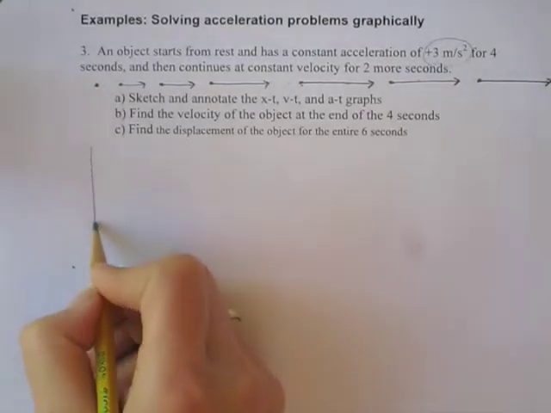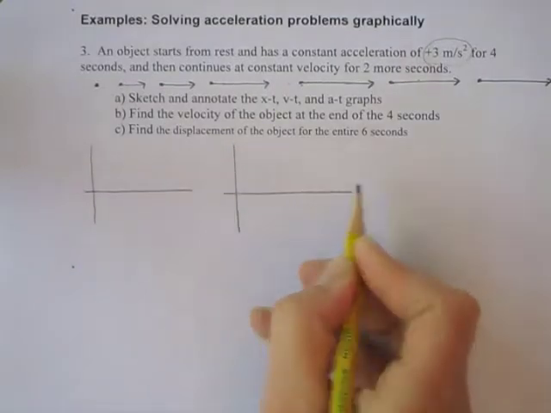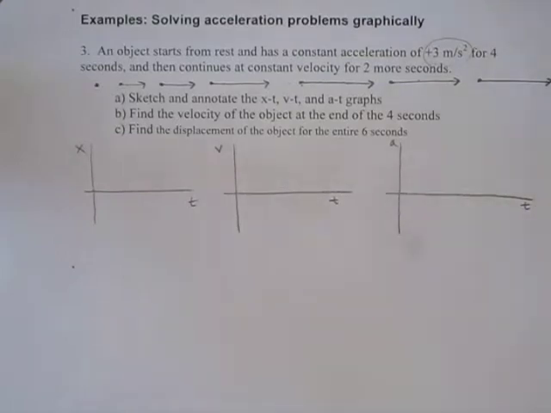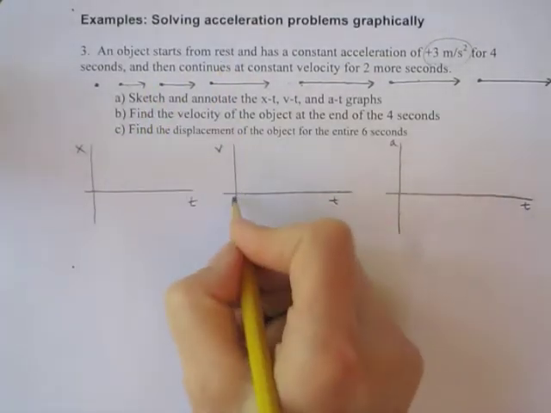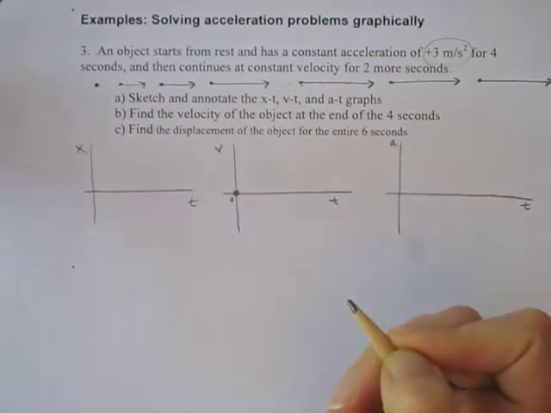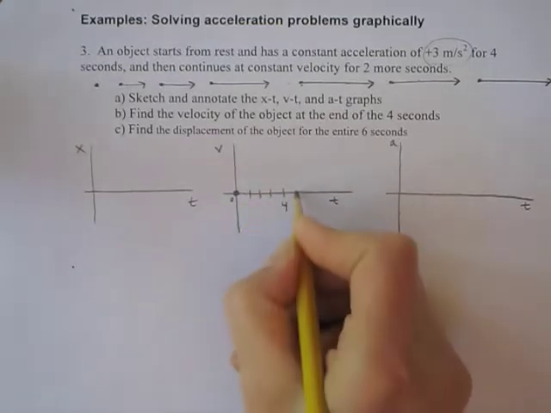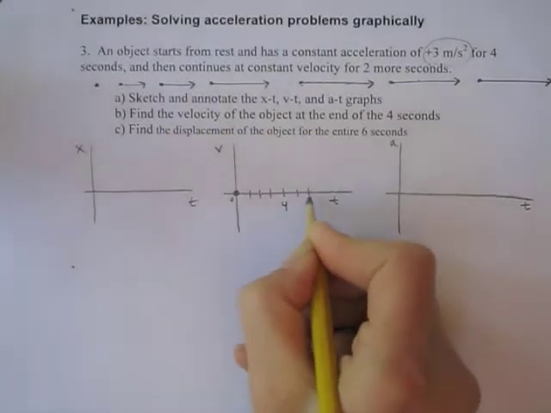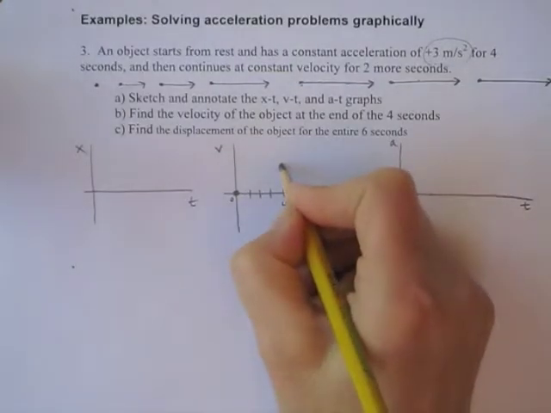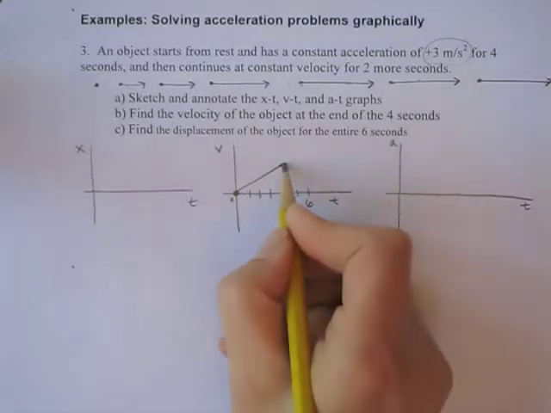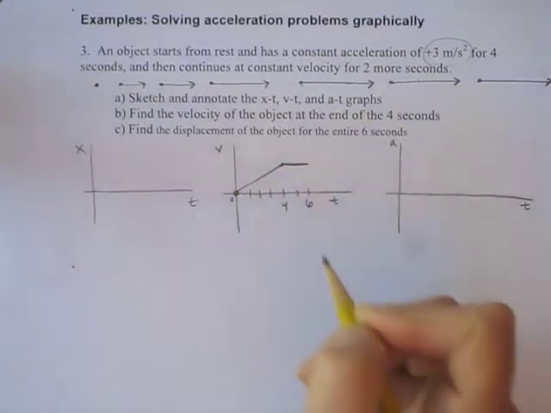Okay, sketching our graphs. We know the velocity was 0 at the beginning, and for 4 seconds it had a constant acceleration, and then constant velocity for another 2 seconds.